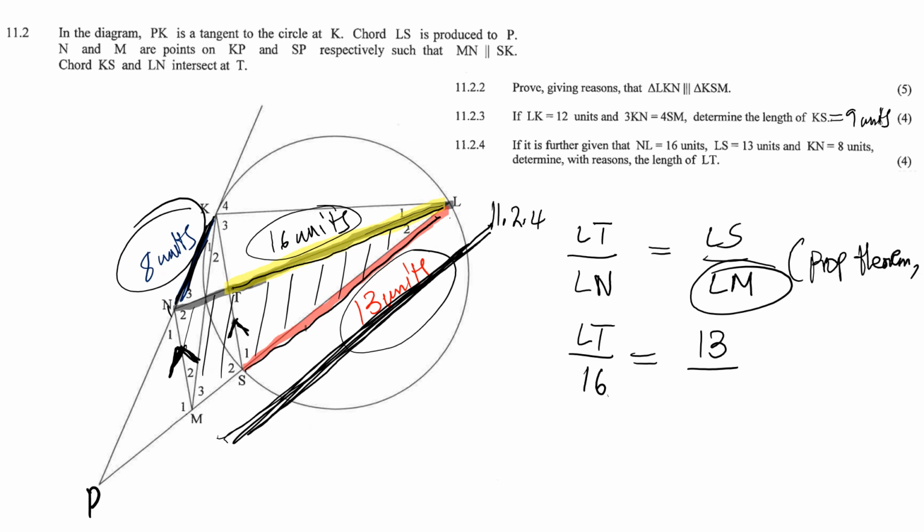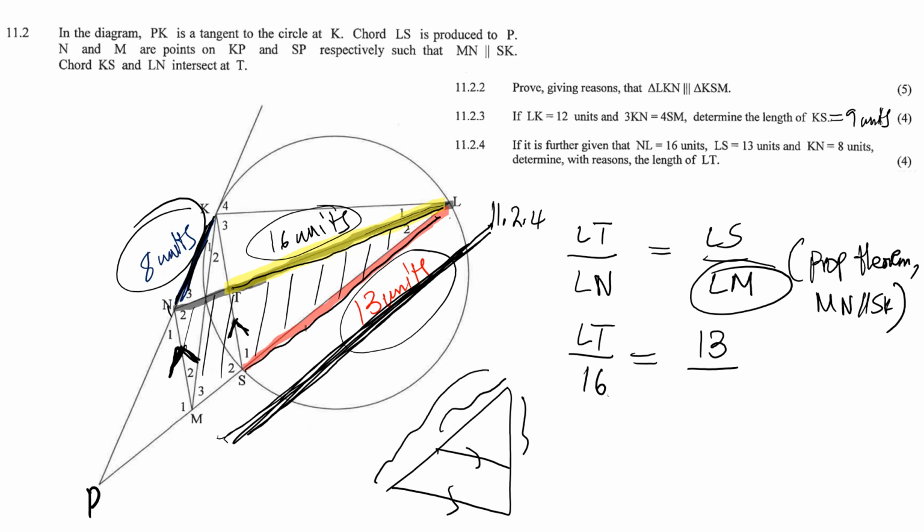We can also show the lines that are parallel, because MN is parallel to SK. I forgot the reason there. We made the proportion because we have a triangle where one line is parallel to the side, so this side over the bigger one is equal to this side over the bigger one. That's basically what we did.